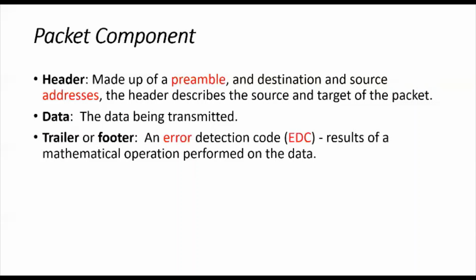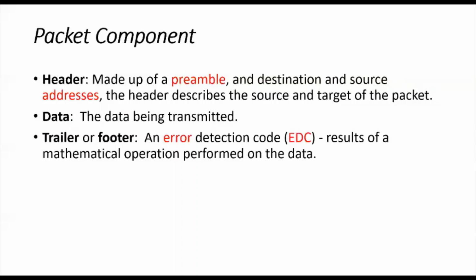Then it also consists of the destination and source addresses. Again, the address will depend on the protocol used. It can be either a MAC address or an IP address. The source as well as the destination address will be attached in the header part.